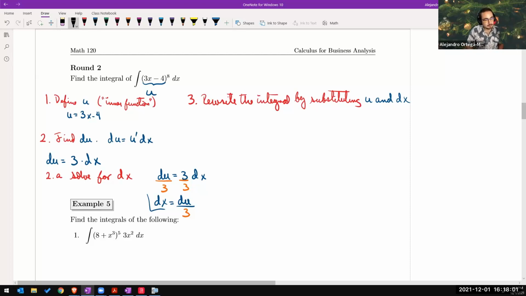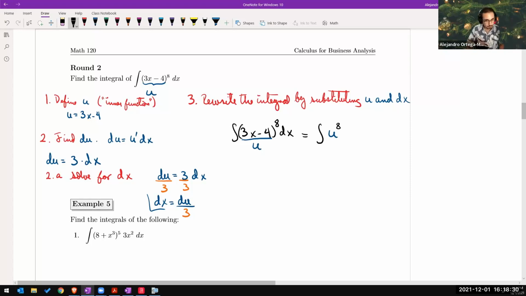So let's see. If we started off with the integral of 3x minus 4 raised to the 8th dx, notice that right now we said that this 3x minus 4 was our u. So this is the integral of u raised to the 8th power.